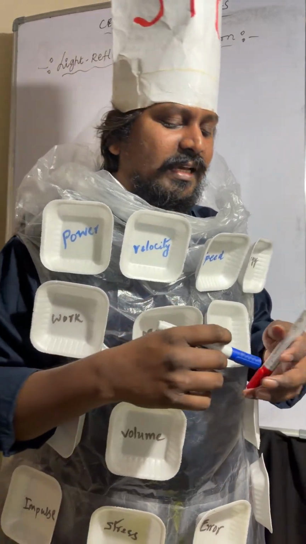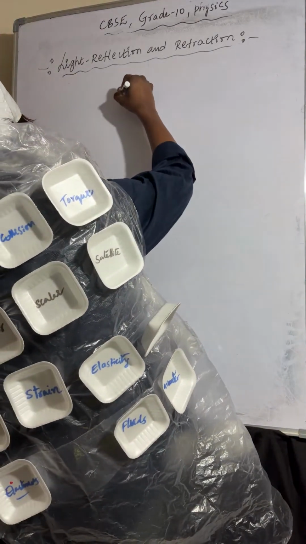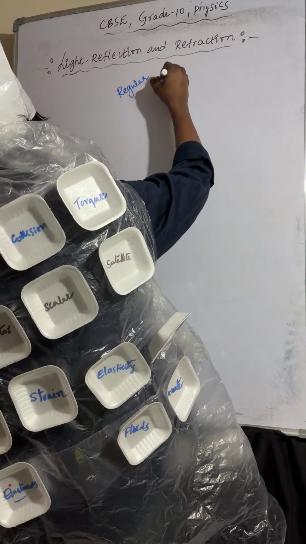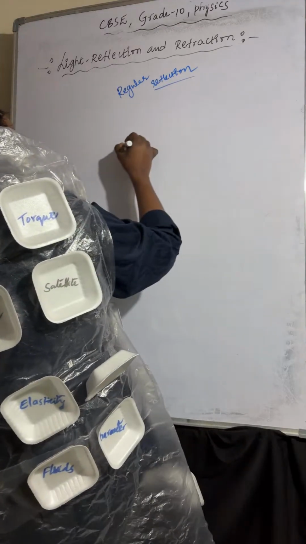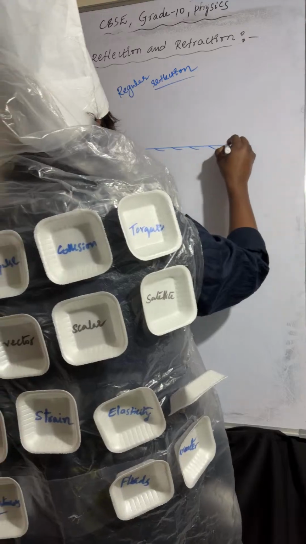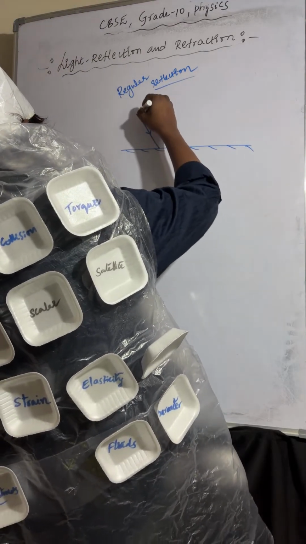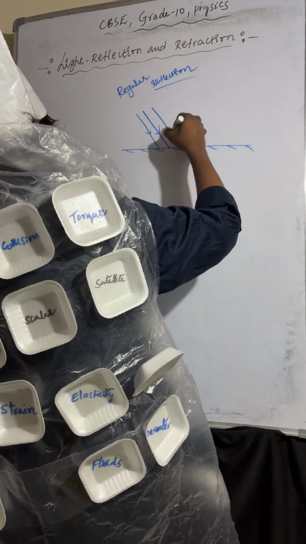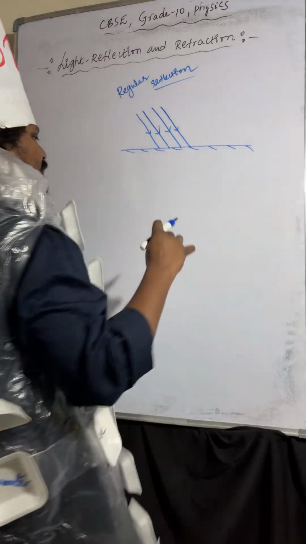Now you can see here, this is a regular reflection. On a plane mirror, if the incident light rays are parallel, then the reflected light rays are also parallel to each other.